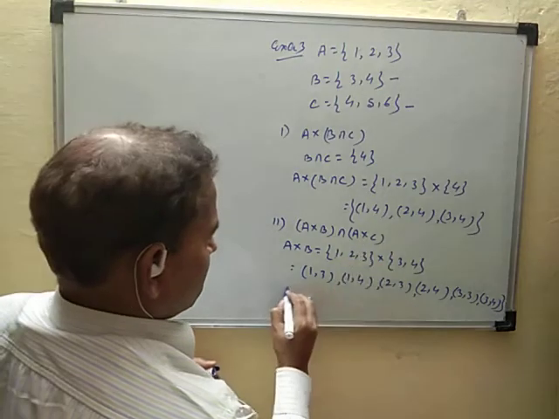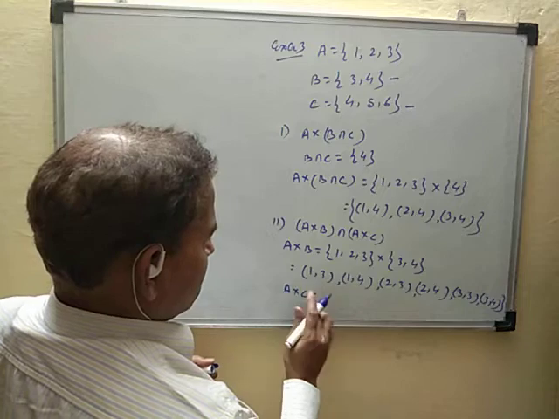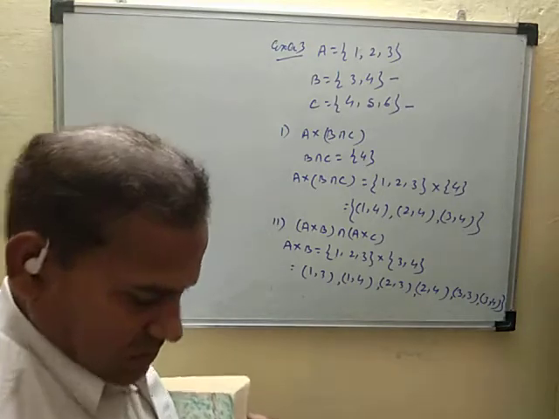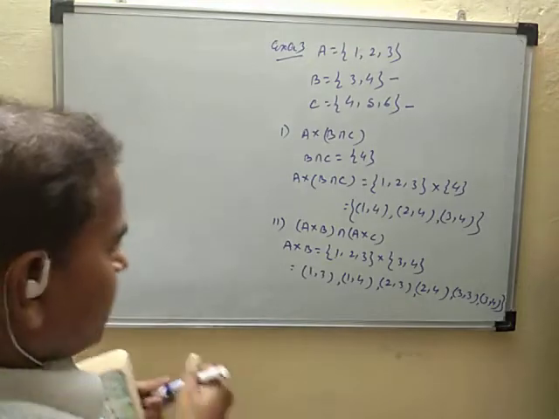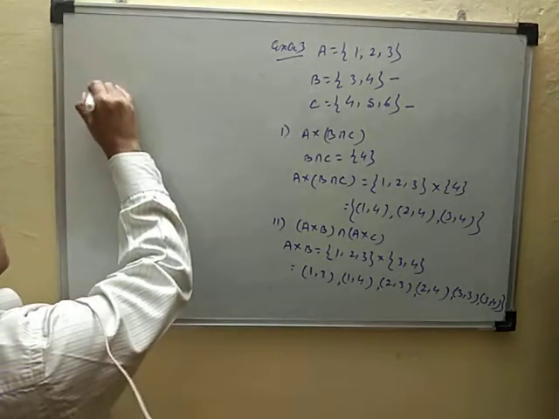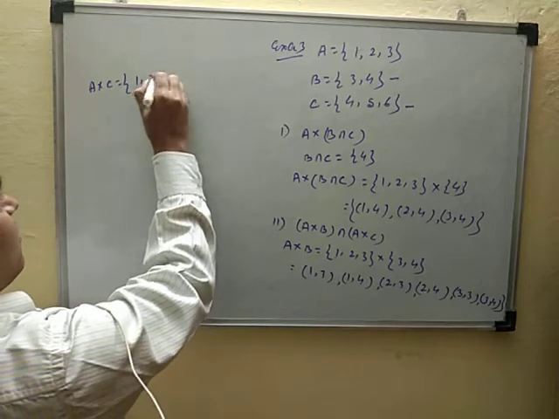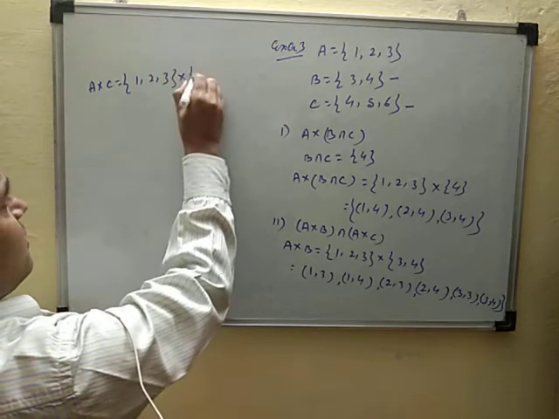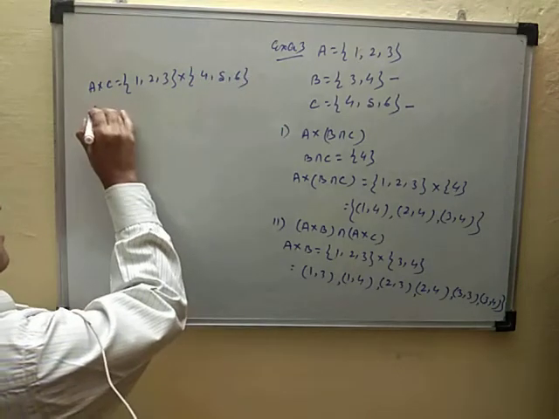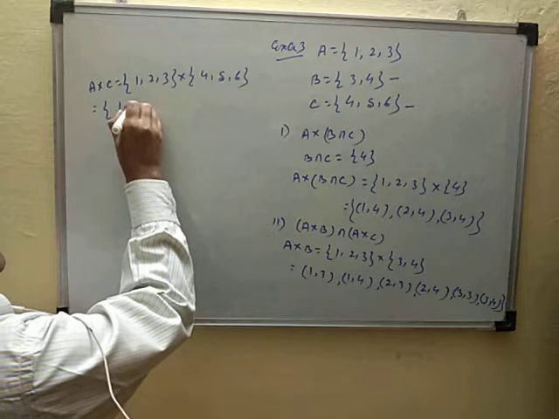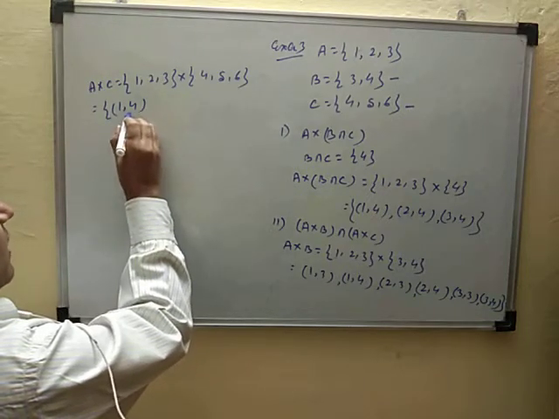Now find A cross C. A cross C is equal to, what is A? 1, 2, 3 cross 4, 5, 6. So taking the cross product, then (1, 4). Write in small brackets, not curly brackets.